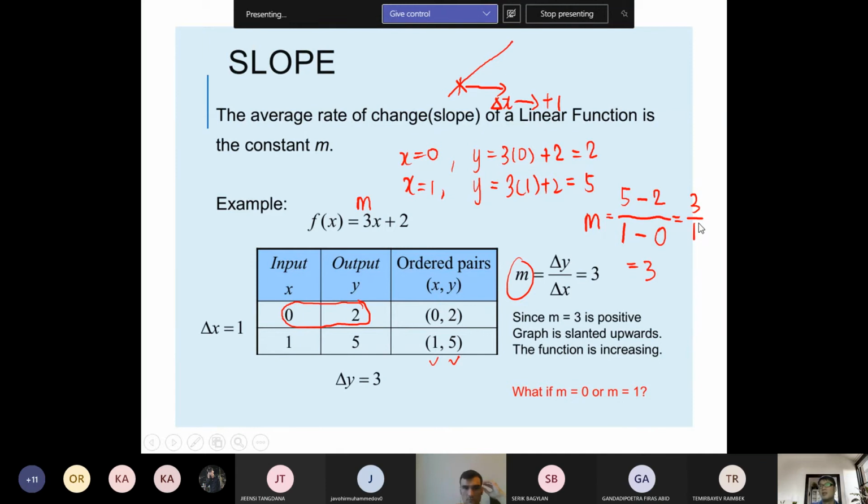The difference of x is 1. So when the x is increased by 1 unit, what happened to y? The y is increased by 3 units. Very good. So this is how we understand the slope: when the x is increased by 1 unit, the y increases by 3 units.